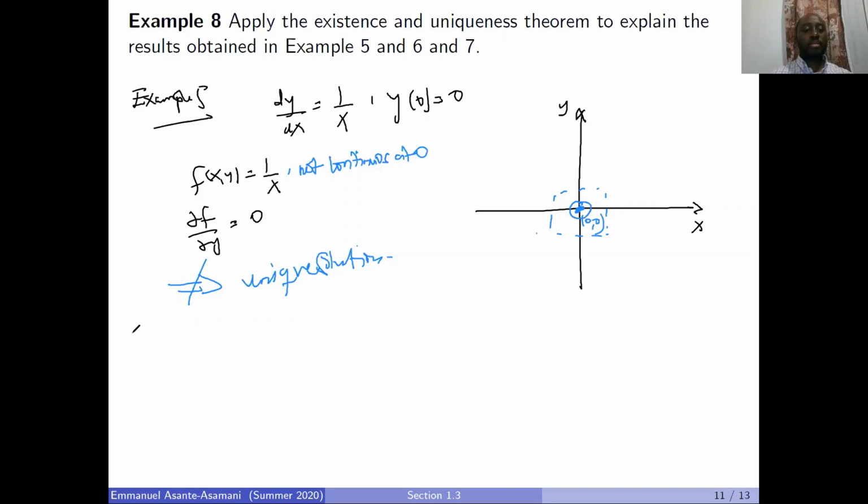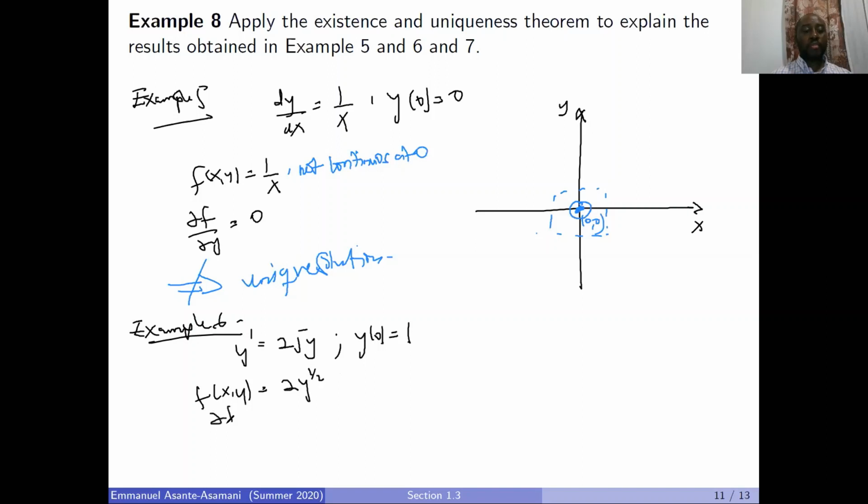All right, let's see what happened in example 6. So there we had y prime equals 2 square root of y, and the initial condition was y of 0 equals 1. Okay, so my f of x,y is of course 2y to the 1/2.